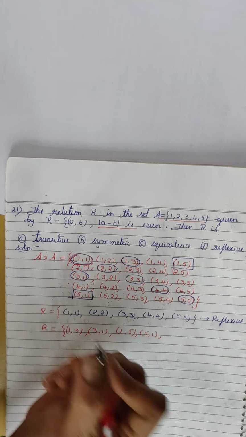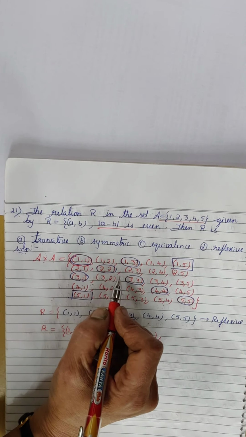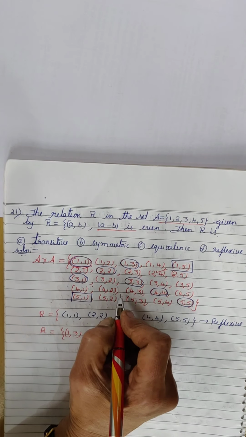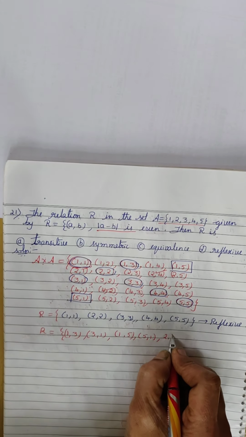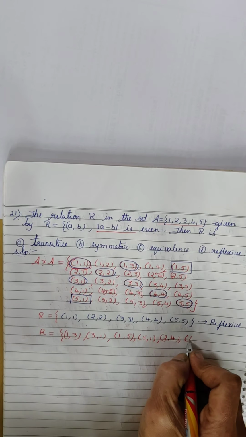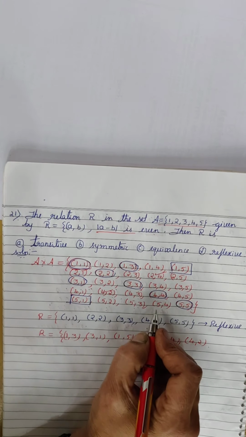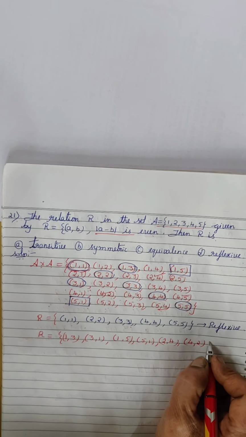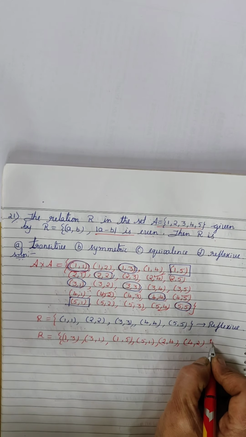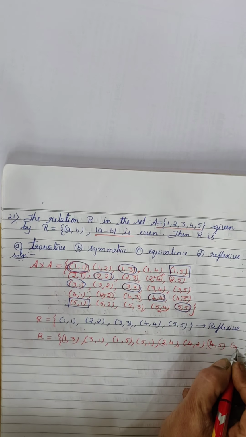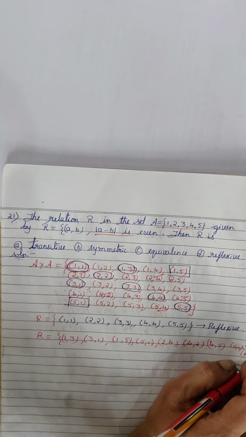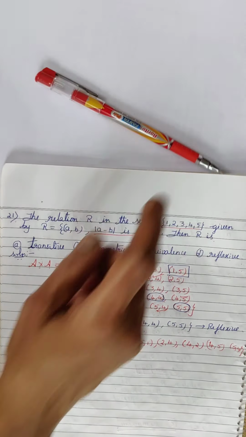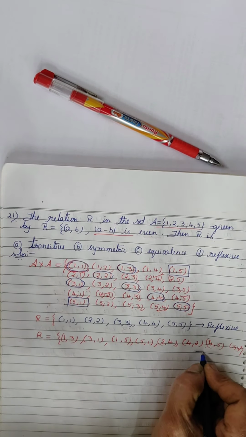We have (2, 4), (4, 2). We have (5, 3), then (3, 5). So it continues. If you check, we have the symmetricity here. So this is definitely symmetric.